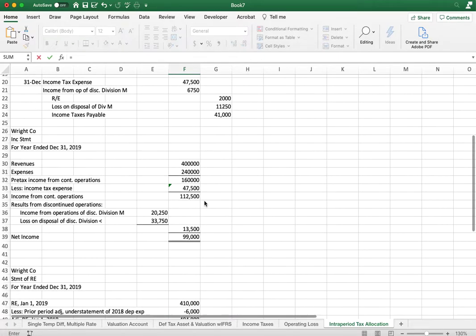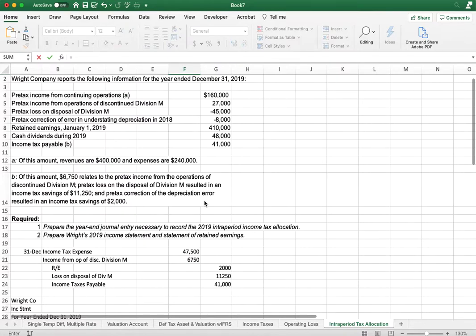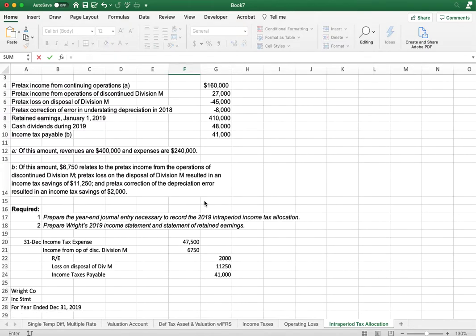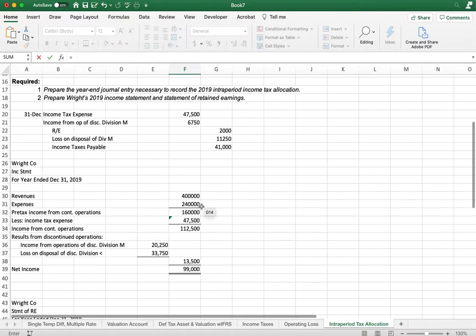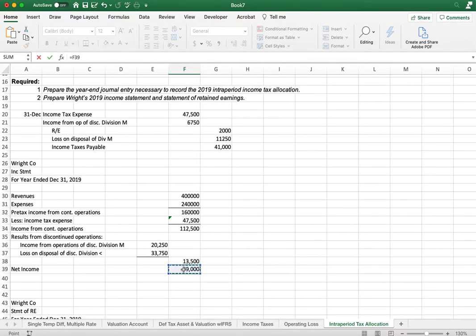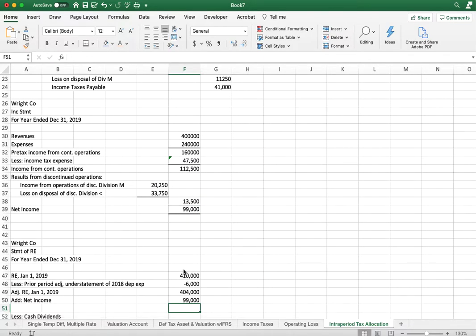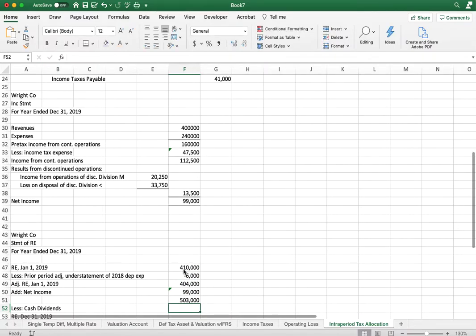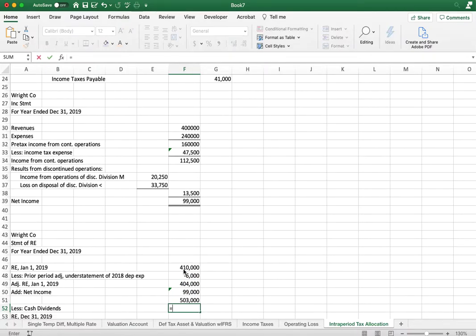Then we have net income. I was looking for it in the information, but we just did the income statement, so we prepared net income. And so that gives us 503, and then we have the cash dividends.